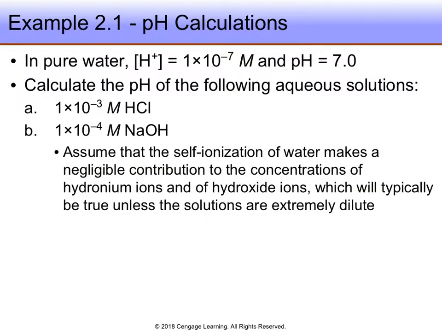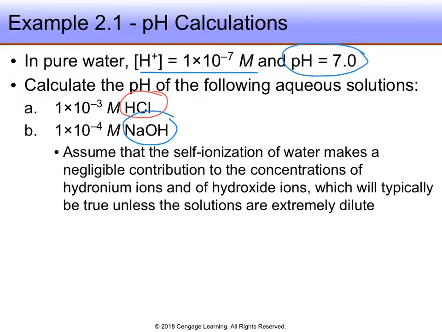So let's go through two examples. If we think about what happens when we have a strong acid, or in this case, a strong base. Okay, so these are two really great examples. So remember that in pure water, H plus is equal to 1 times 10 to the minus 7th molar, which means it's neutral, or pH of 7.